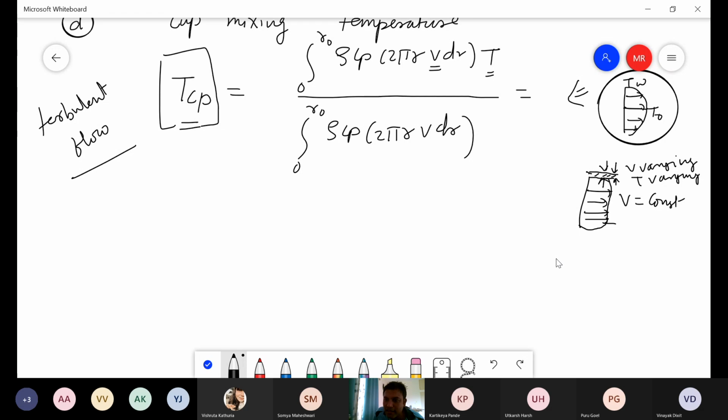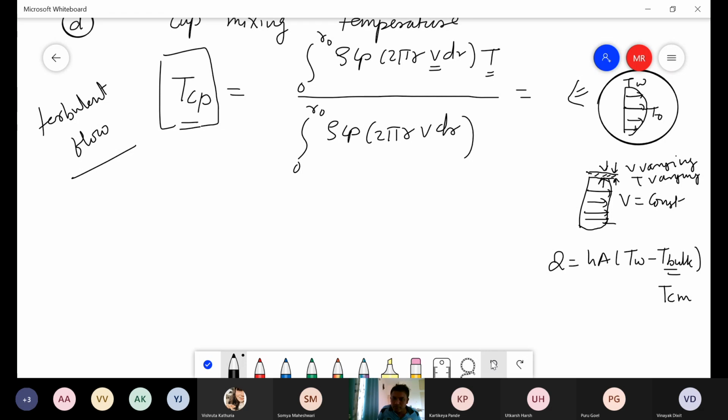region, and in such cases Q will be given as h A (T_w minus T_bulk), or T cup mixing. So this will be same as T cup mixing.